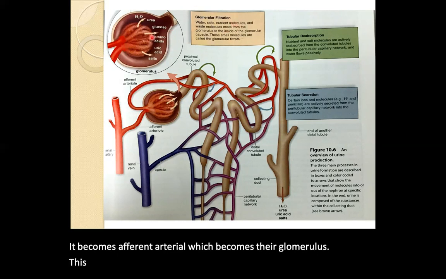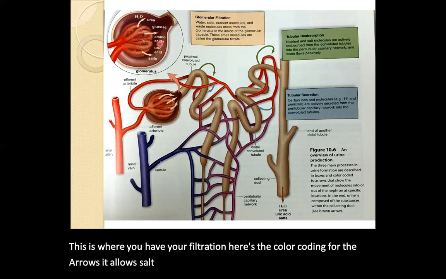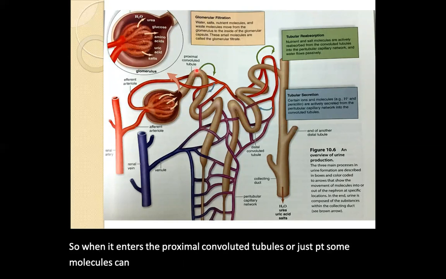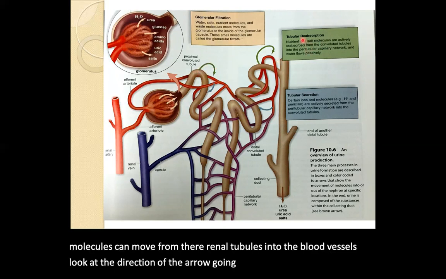Here's the color coding for the arrows. It allows salt, uric acid, amino acid, glucose, urea, and water to filter through. So when it enters the proximal convoluted tubules, or just PT, some molecules can move from the renal tubules into the blood vessels. Look at the direction of the arrow, going into the blood vessels, and that's the reabsorption process.